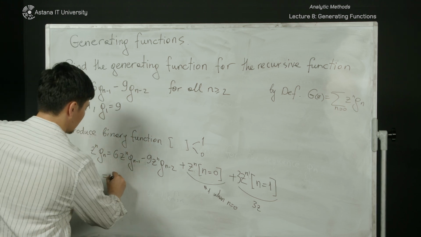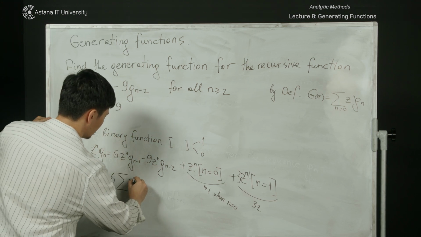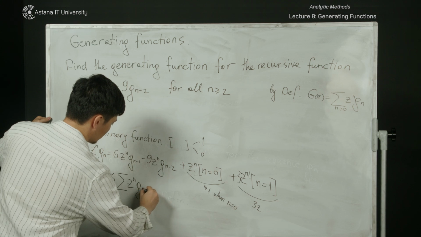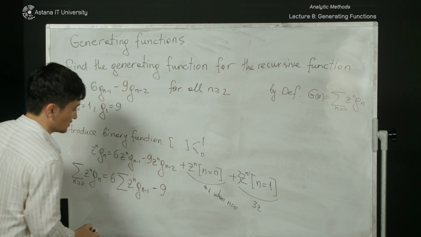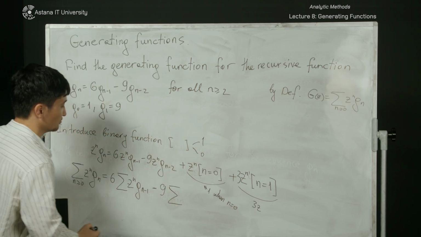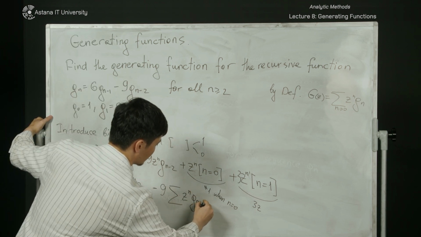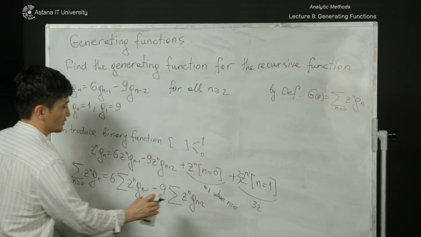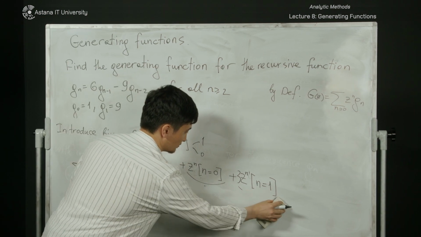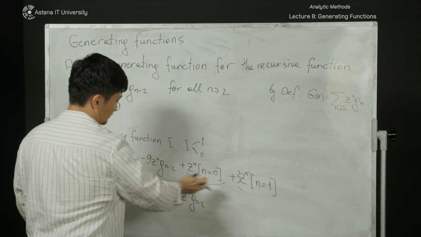Over here I will take 6 outside, and I'll write it simply like this. And same logic for this one: 9 I'm going to put outside the sum. And I'm also going to apply the sum for these terms as well.